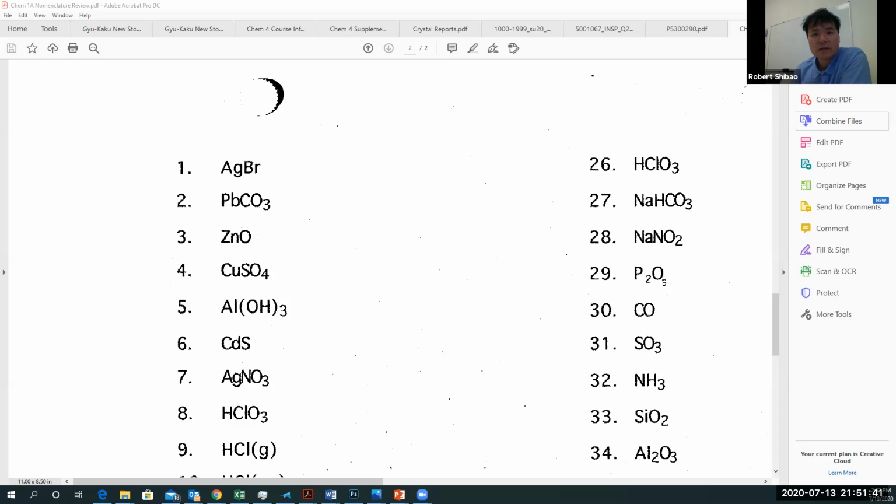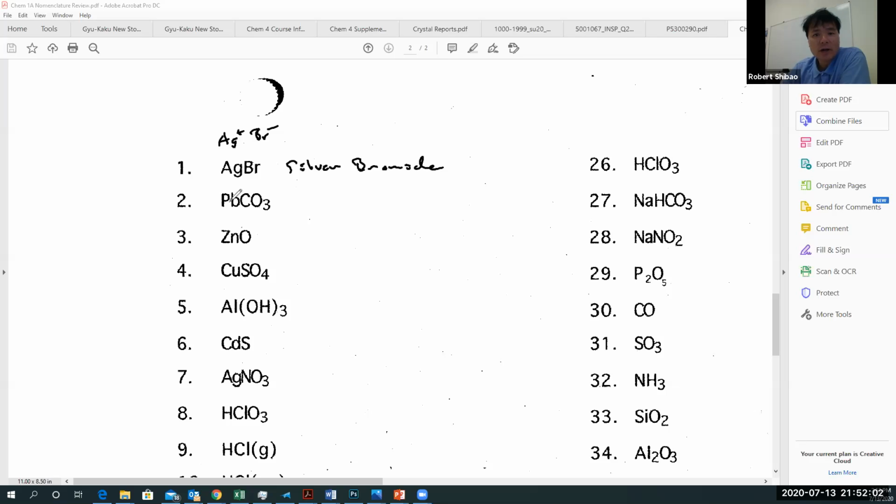It's fixed, good. It's fixed charge, so we don't need a Roman numeral. In fact, it's only +1, and the Br is a -1. So this is called silver bromide. We'll do a bunch of examples here.